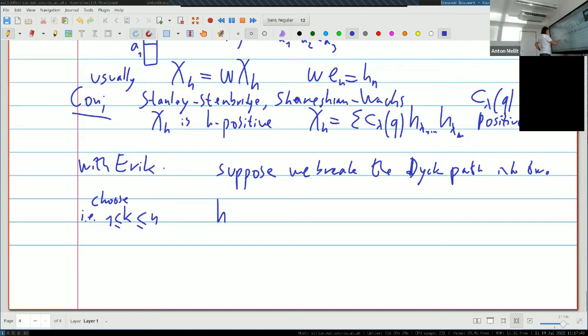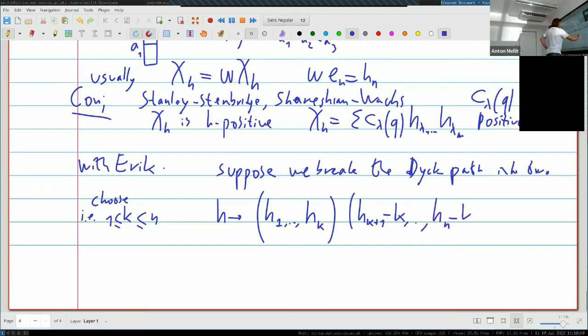We split h into two parts. We have the first part up to hk, and then we can look at the rest.